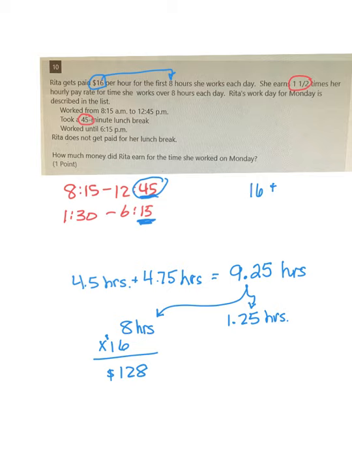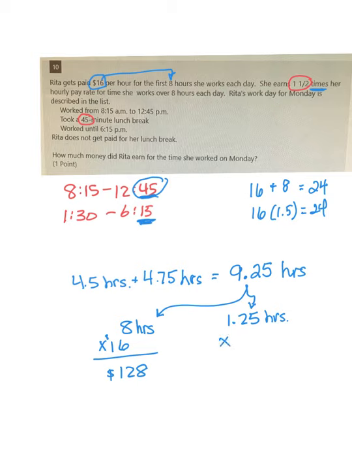Well, what's half of 16? It's 8. So we just have to add that together, and we get 24. You could also calculate it 1.5 times her hourly rate. So you could take her hourly rate, which is 16, and multiply it by 1.5. You still get 24.